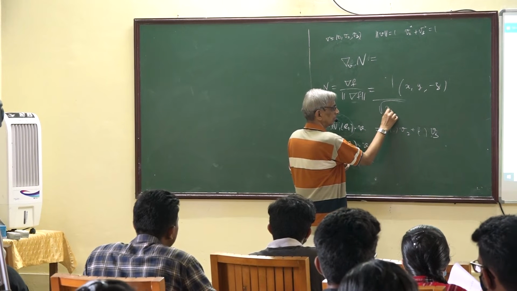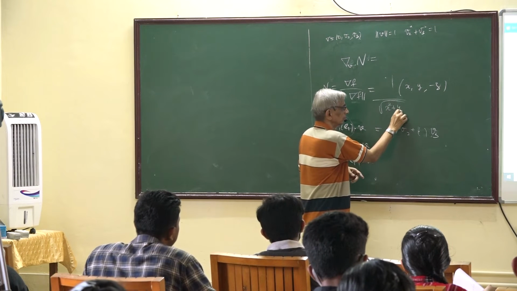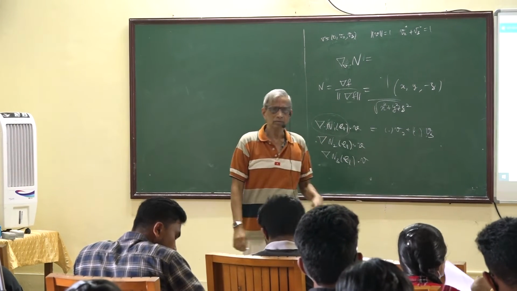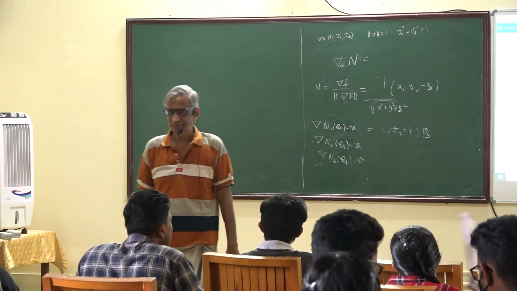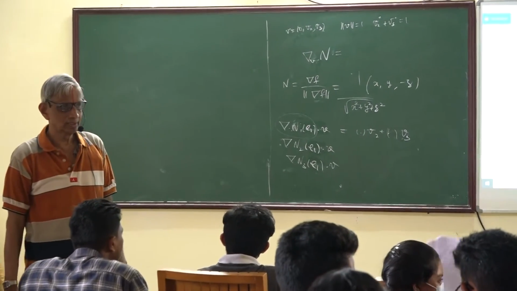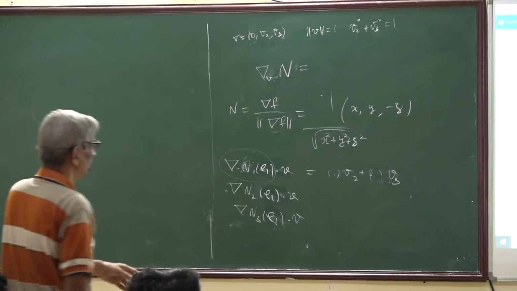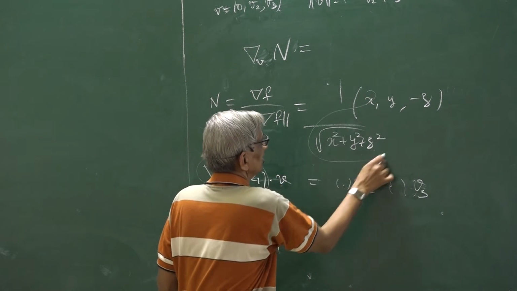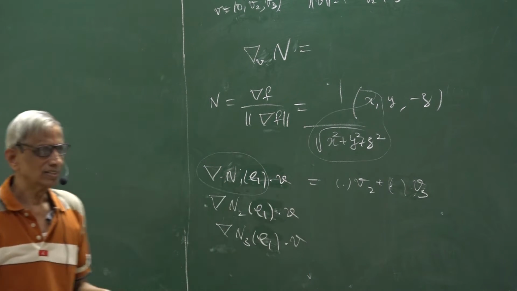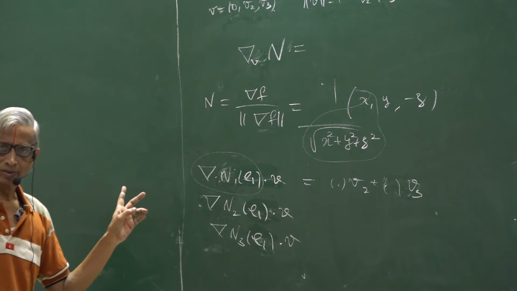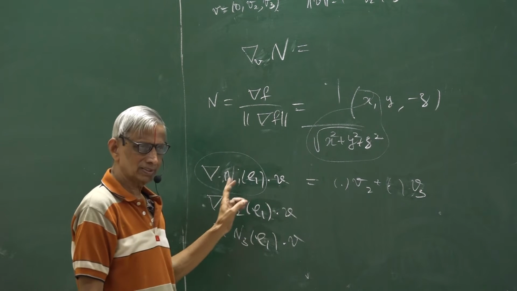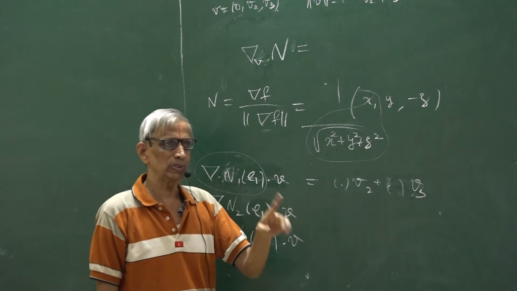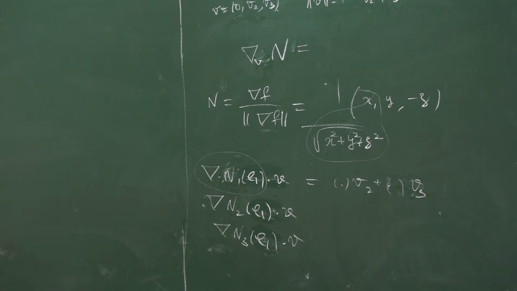Plus z squared. That's all? Okay, so you have to differentiate this one by one, right? N1 is this. So differentiate with respect to x, with respect to y, with respect to z at (1, 0, 0). So at (1, 0, 0) should simplify things, right?